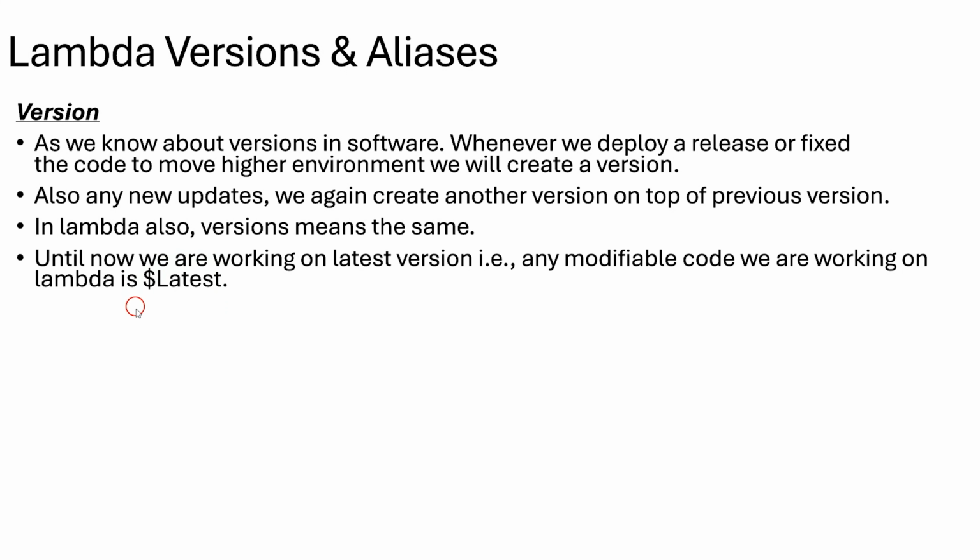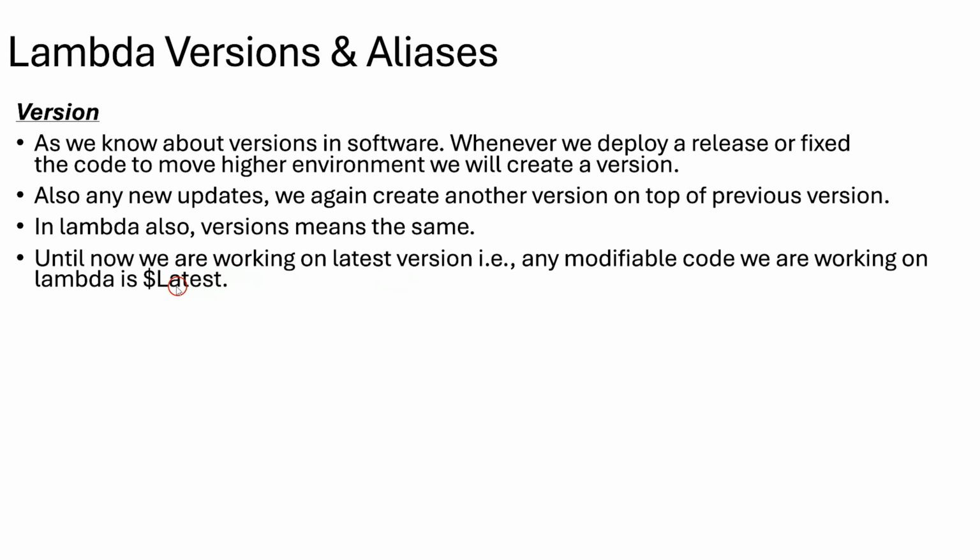So that means it's the $LATEST version, which is a modifiable version. You are not supposed to use this $LATEST for your production releases, because if you want to use any release or version for production, you need to fix that version.